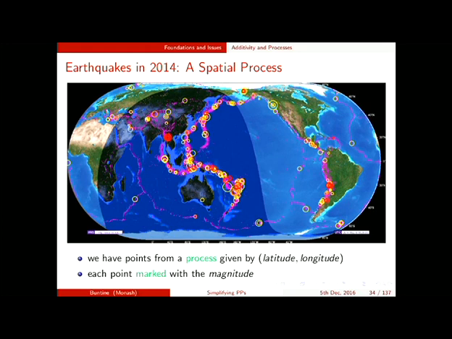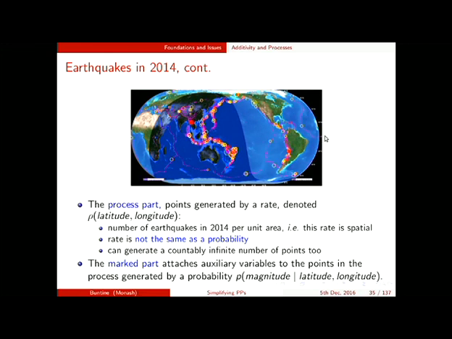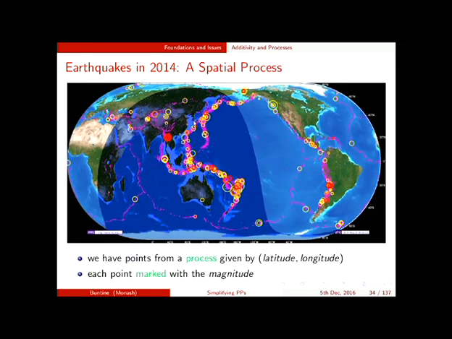If it was uniform on the planet, it would be uniform on the map, but it's not. We all know earthquakes sort of tend to congregate around the zones, whatever they are. And these have been marked with their magnitude. There's actually a colour. I don't know what the colour is. So maybe it's depth or something. It doesn't matter.